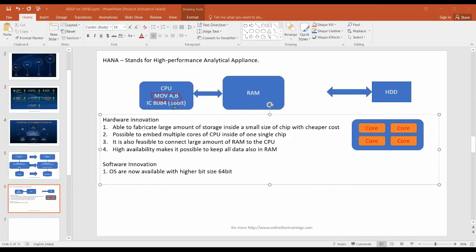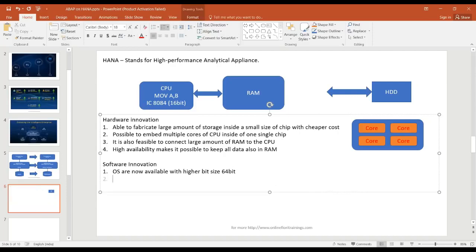How fast you can feed the instructions to a CPU, that's what this speed indicates. A 64-bit operating system can speed up the overall processing of your entire computer machinery much faster as compared to a 32-bit operating system. It can feed instructions per second to the system at a much faster speed as compared to the 32-bit operating system. So with improved operating systems, it's also possible to speed up the entire set of operations.